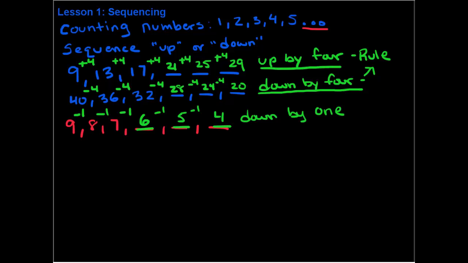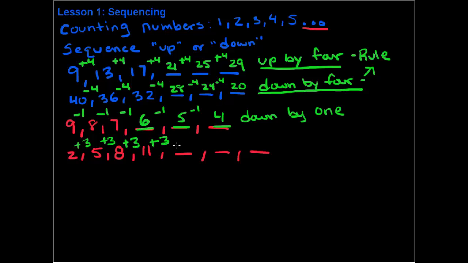Let's take a look at another problem and see if we can find the missing numbers and the rule. Let's say 2, 5, 8, and 11, and let's get our 3 missing numbers in here. In this one, I'm going to go 2 to 5. Well, that's plus 3. 5 plus 3 equals 8. 8 plus 3 equals 11.